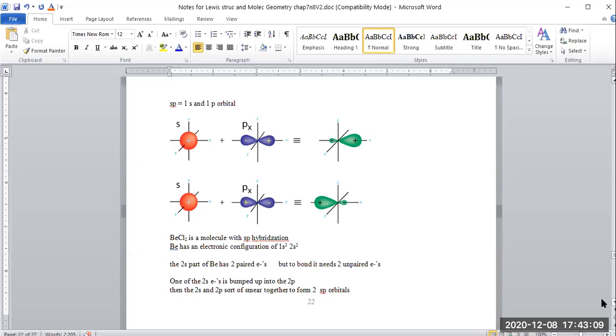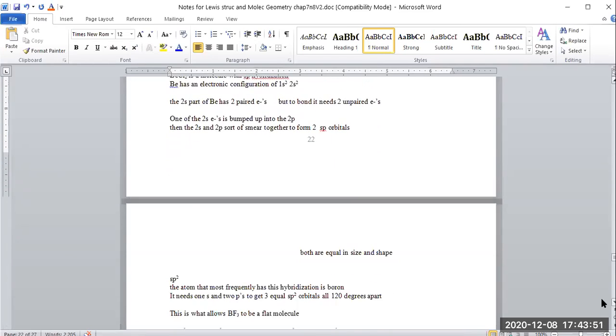All by its lonesome, we've got 1s2, 2s2, which is a problem because that 2s2 means we have one up and one down arrow together in the same blank. There are no unpaired electrons, which would imply that beryllium couldn't make a bond. But we know beryllium does bond. So in order to make it capable of bonding, you do this mixture of s and p, and you get the 2 equal and opposite ones.